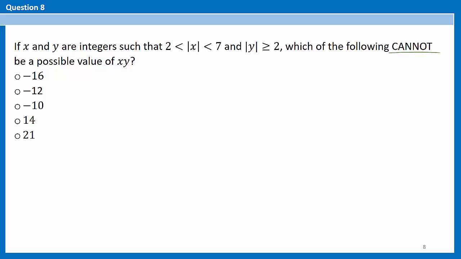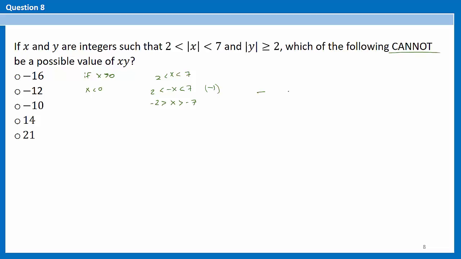Okay, in the first case, if x is positive, that would give me x between 2 and 7. Only x between 2 and 7. And if x were negative, that would give me negative x between 2 and 7. So I can multiply this all by -1, and that gives me -2, change sign, x, change sign, -7.